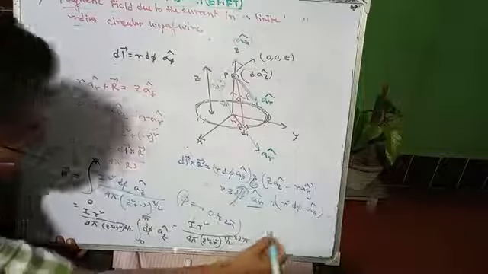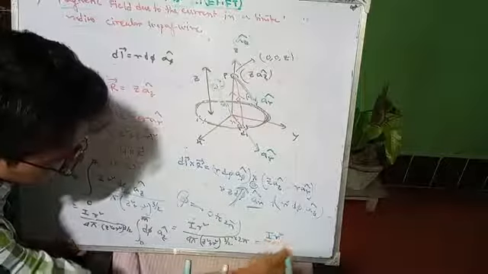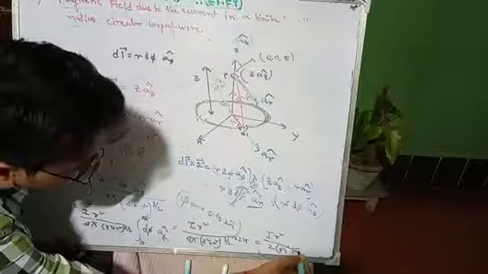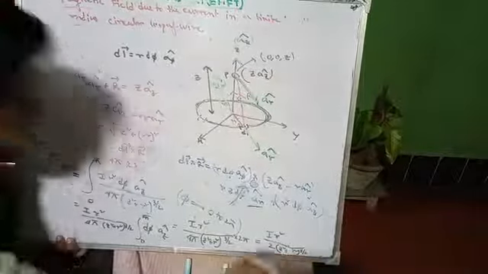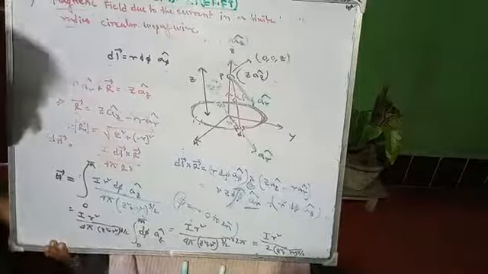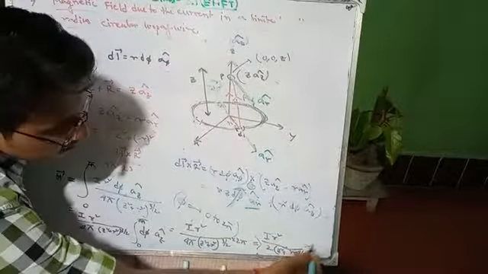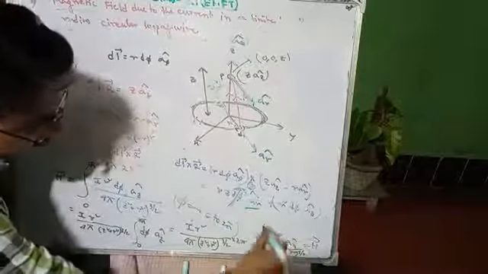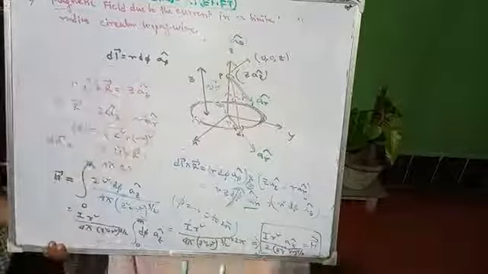After calculating, it becomes I R square by 2 (Z square plus R square) to the power 3 by 2. The H vector's direction will be aZ cap.